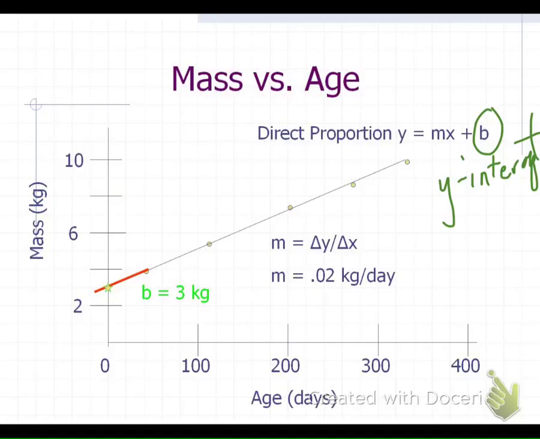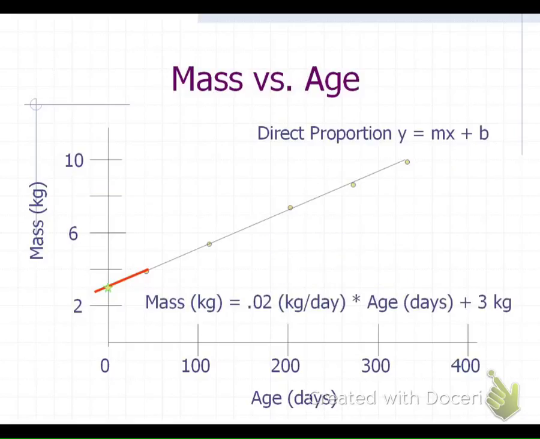Now making all the substitutions in our equation, instead of writing y, we look on the y-axis and find mass. We write the slope that we calculated, including the units, 0.02 kilograms per day.